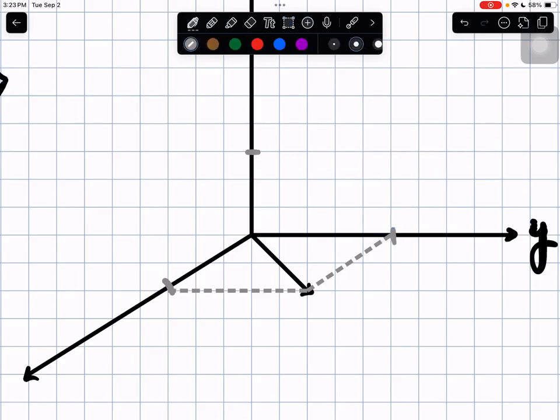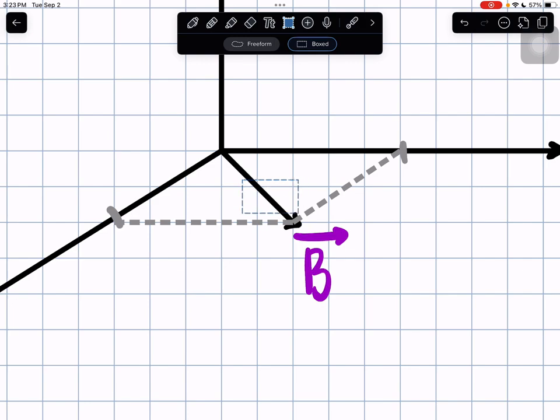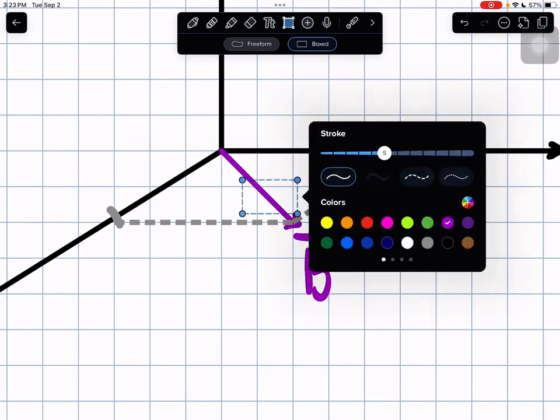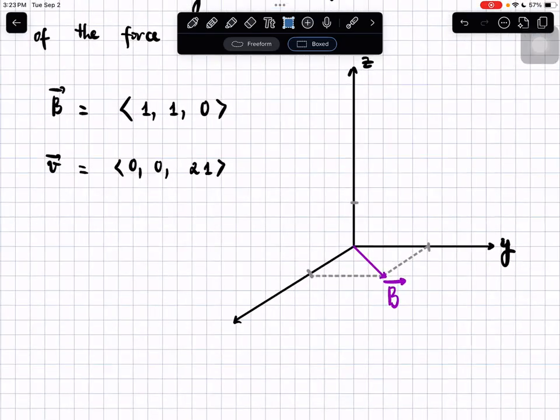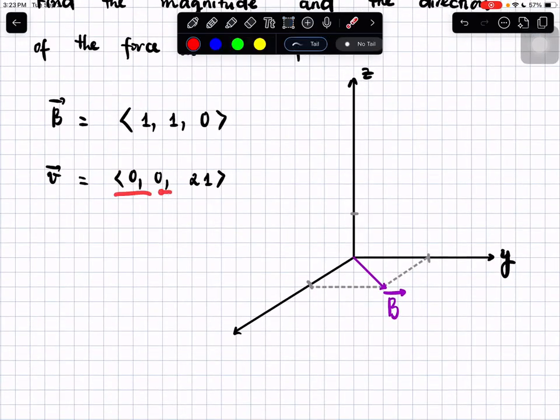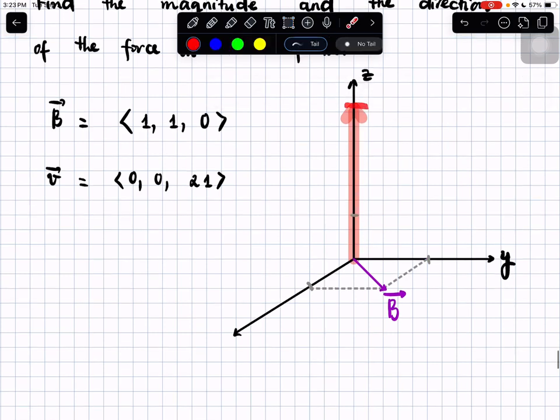Then we have vector V, the velocity (0, 0, 21), so vector V looks like this. Assume this is 21 here.